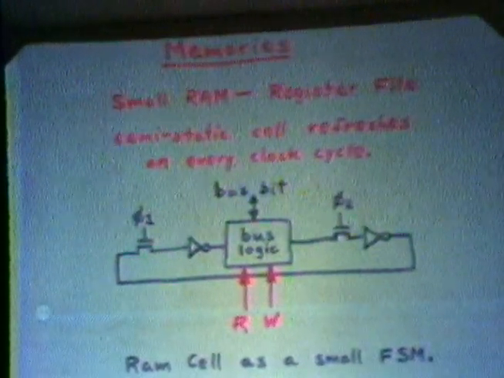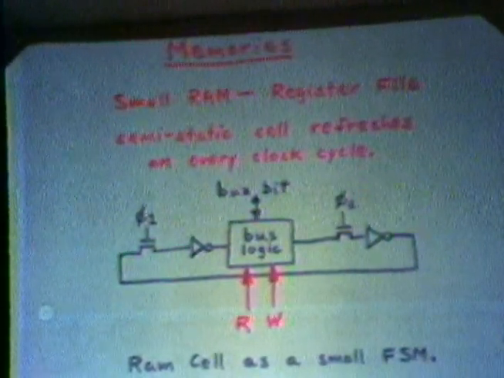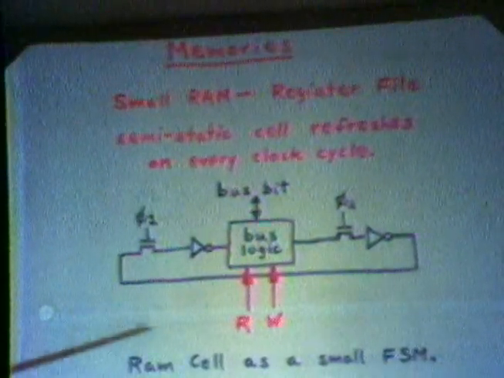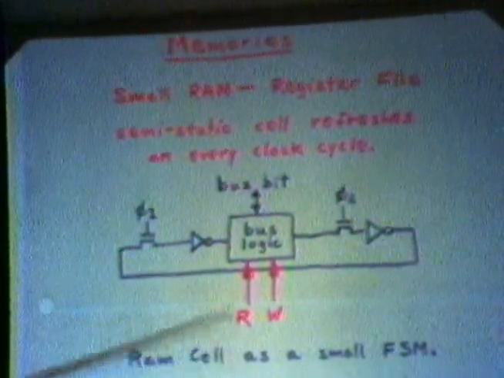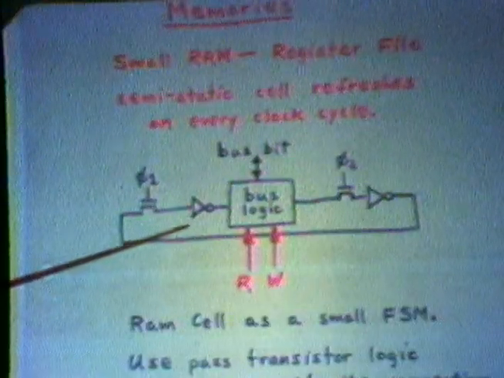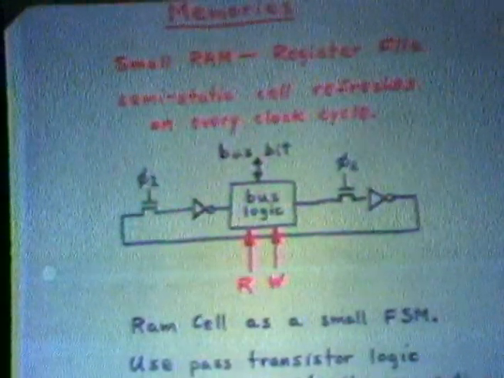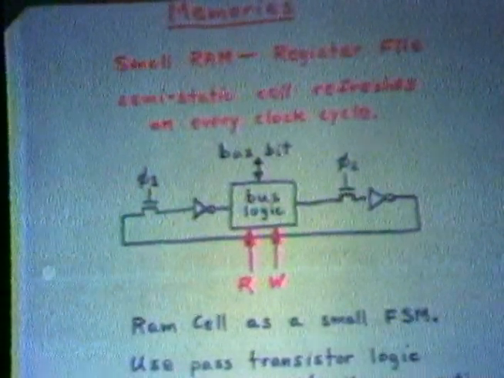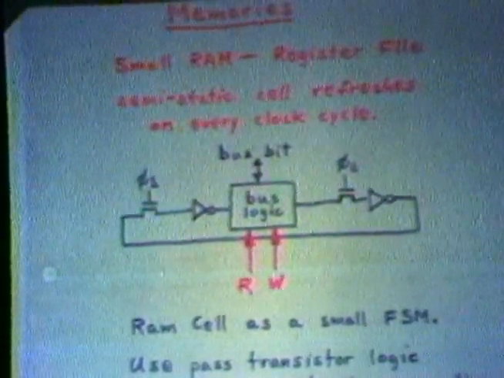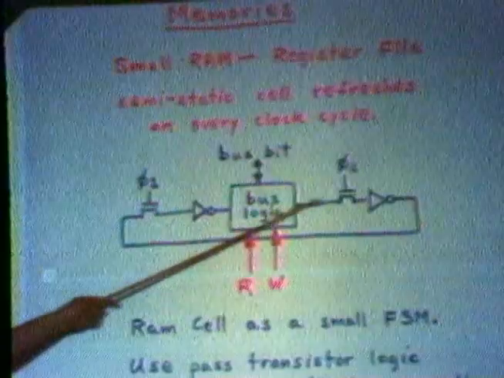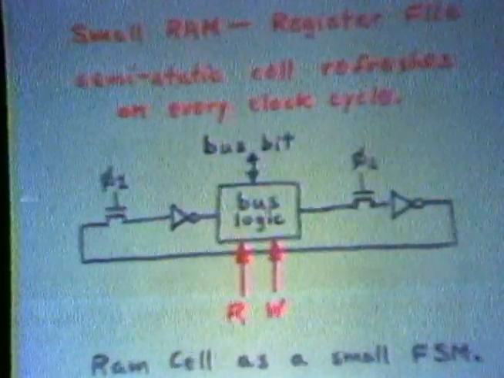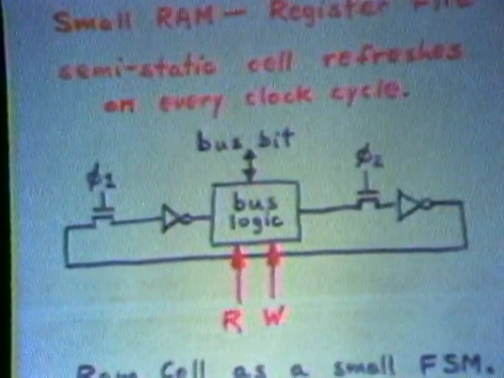I'm assuming this is a register file connected to a bus. And that this logic, if a read is indicated, then it takes the output that's stored in this half register and sends it out on the bus. And if a write command is indicated, then it takes the logic value on the bus, brings it in under the phase 2 control and into this half register, and it recirculates.